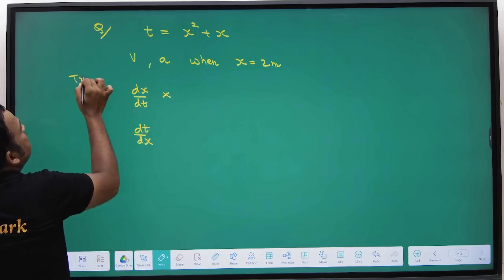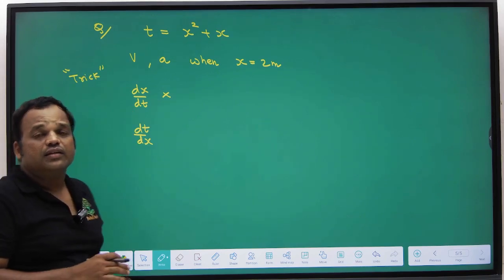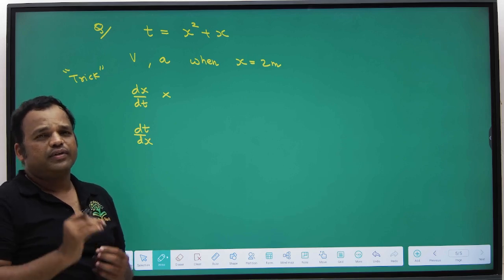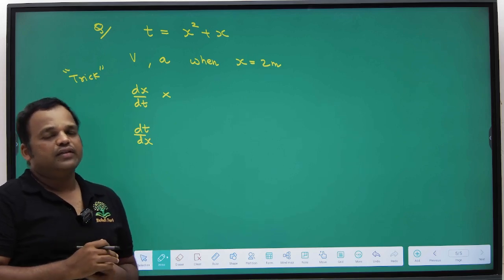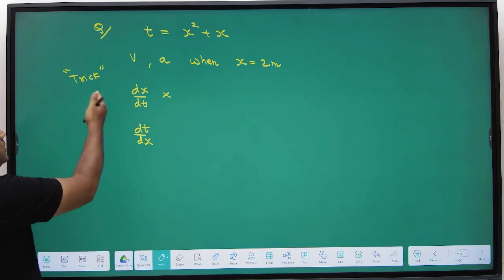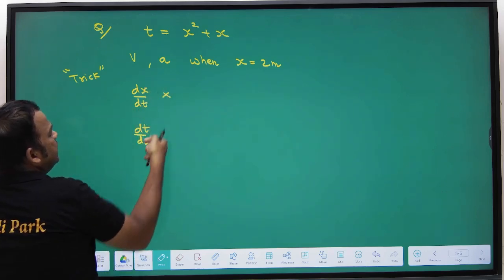So this is one of the tricks to solve this type of question. As we are aware, many problems can be solved by using a perfect trick which is applicable to that particular type of problem. So it is a trick.